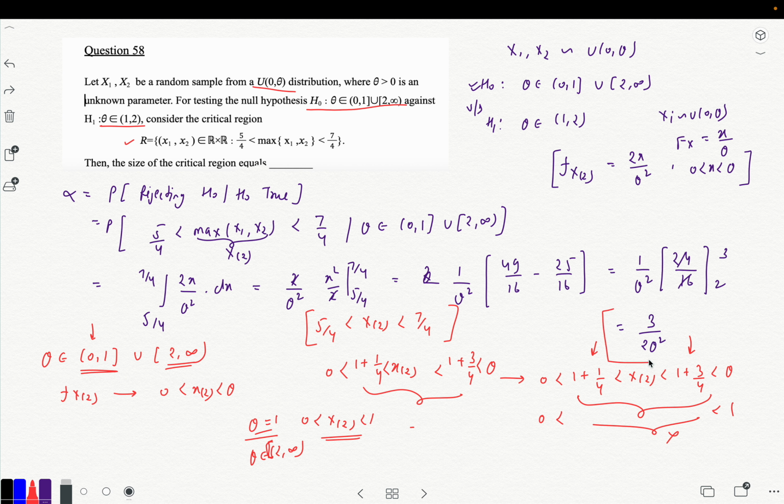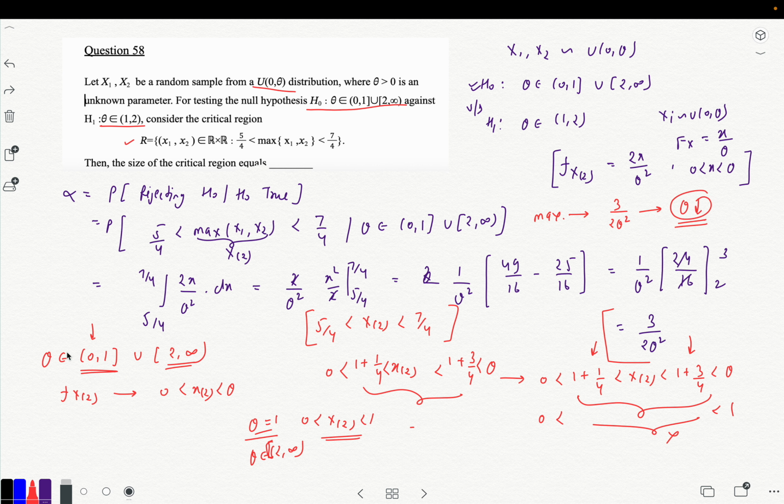Now we are looking at the maximum chance of committing type 1 error, right? I am looking at the maximum probability of committing the type 1 error. For 3 upon 2 theta square to be maximum, my theta should be smaller.